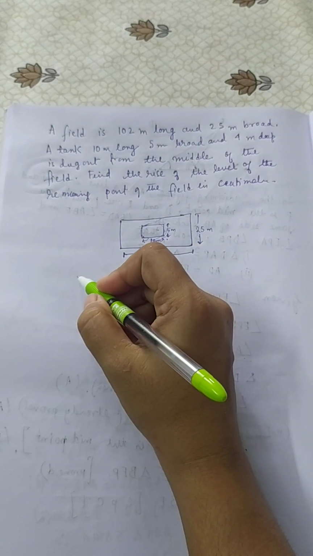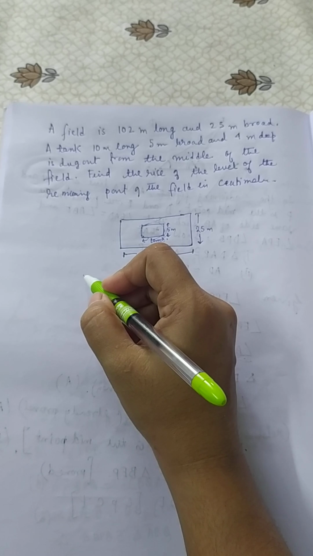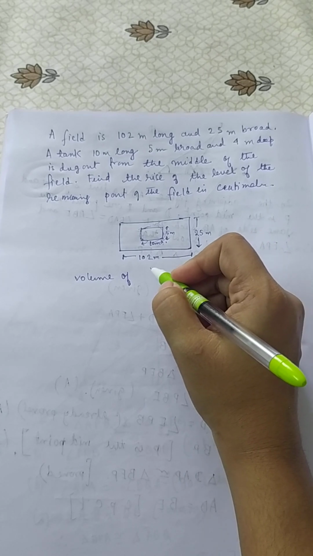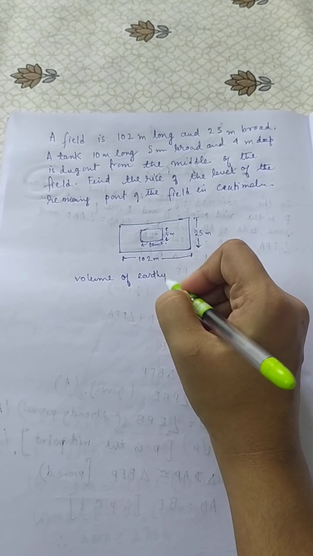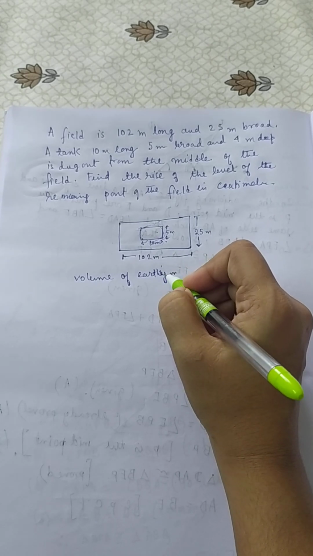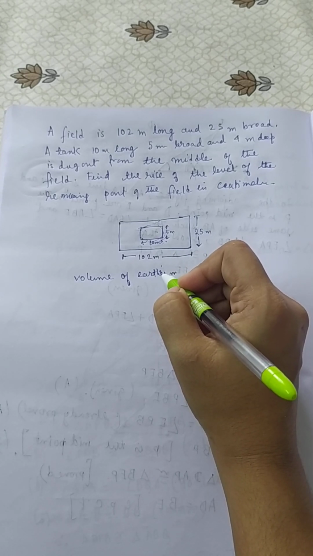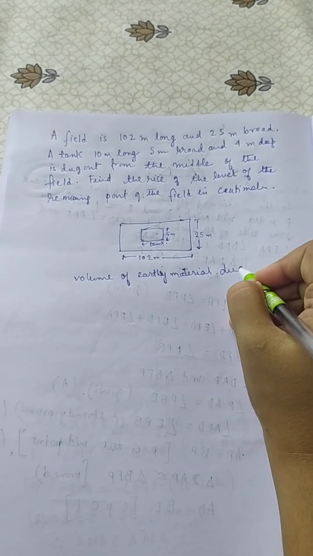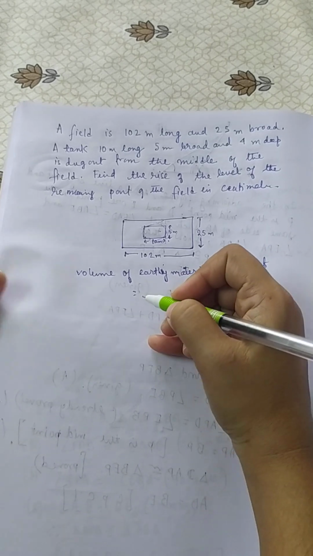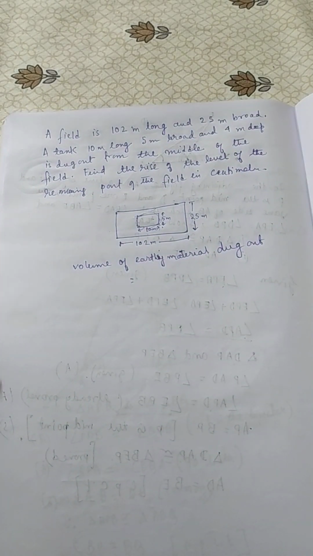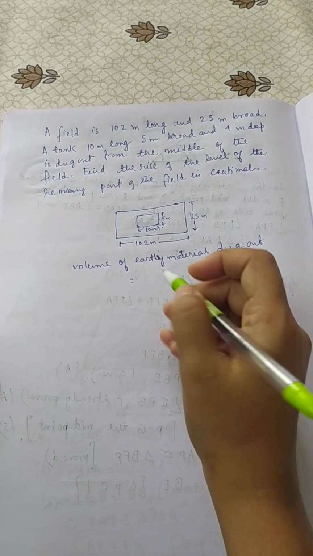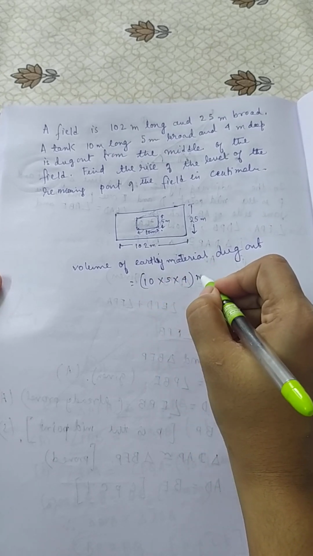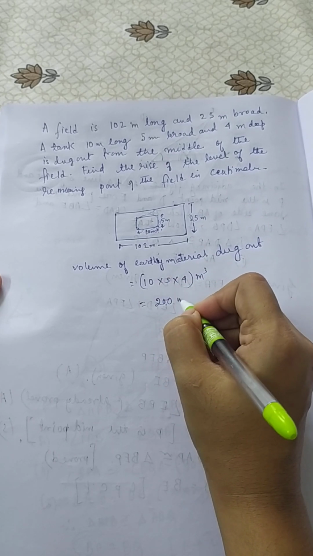So the volume of earthy material dug out is equal to length, breadth and height of the tank, right? So it will be 10 into 5 into 4 meter cube, that is 200 meter cube.